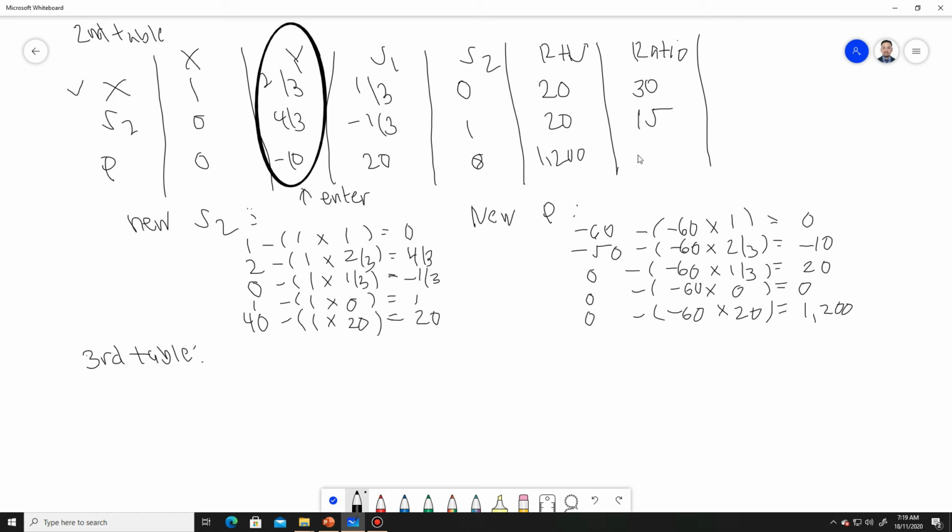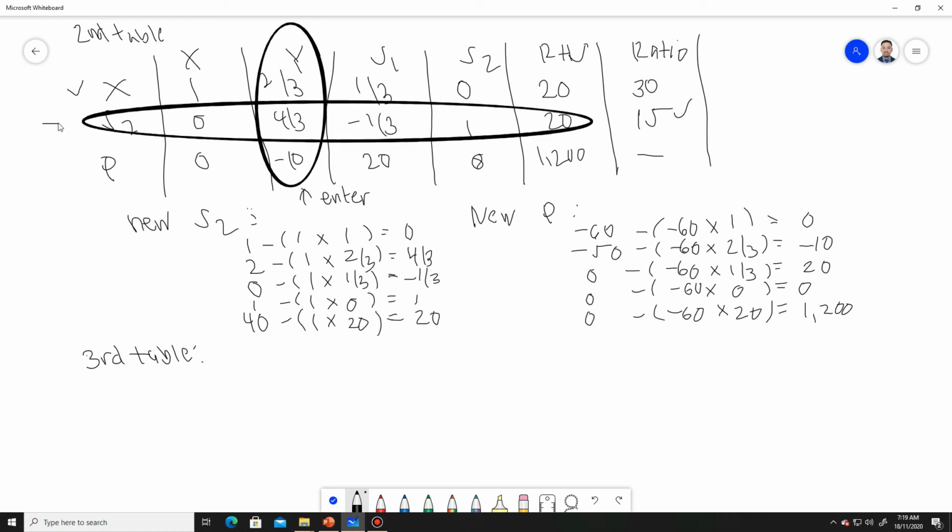So, do sa P, wala tayong kukumputin na ratio. And then again, we will get the least. So, yung least dito is 15. So, bibilugan natin yung row ng least ratio. At ito na naman ang magiging leaving variable. So, y enters, S2 leaves.